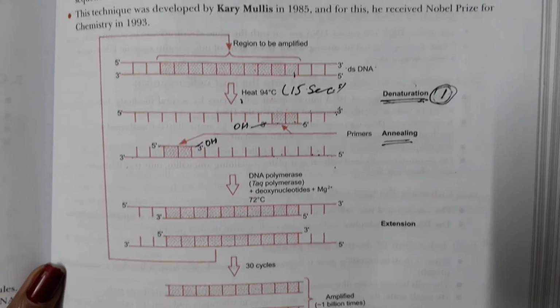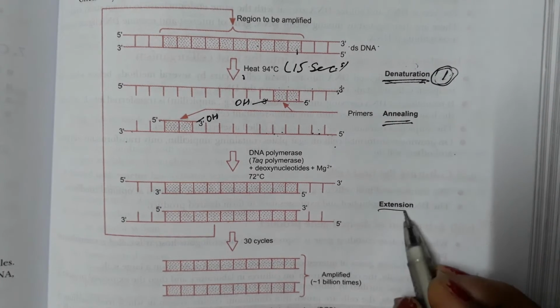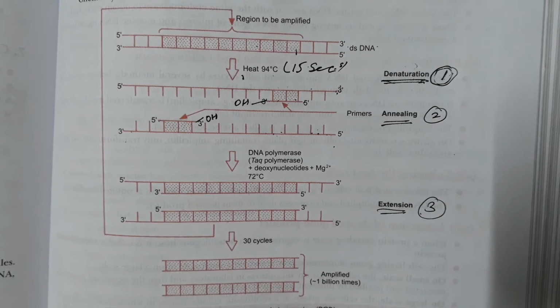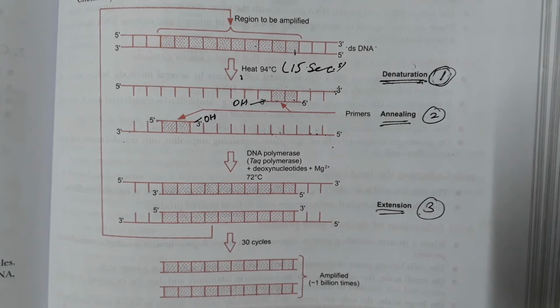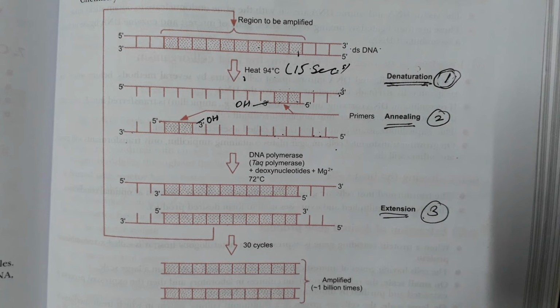Third step is extension. What is extension? DNA polymerase enzyme is required for this purpose. DNA polymerase, which is present in the human body, works only at 37 degrees Celsius.